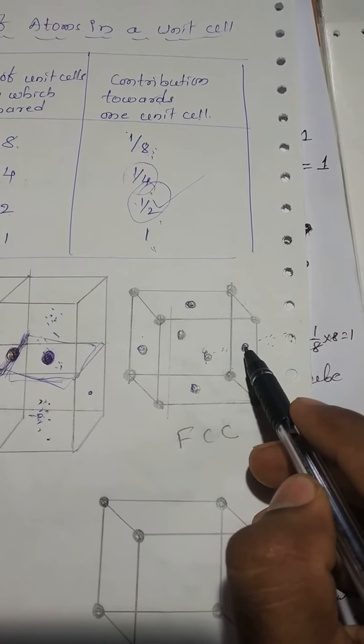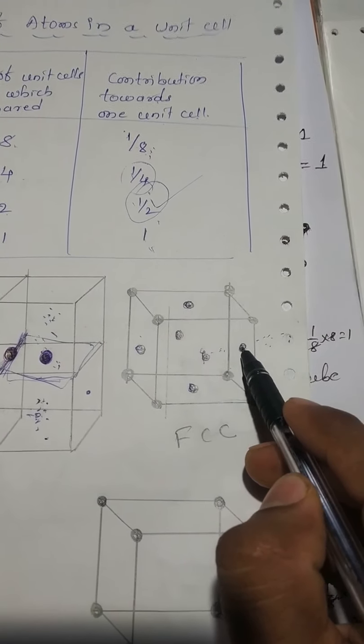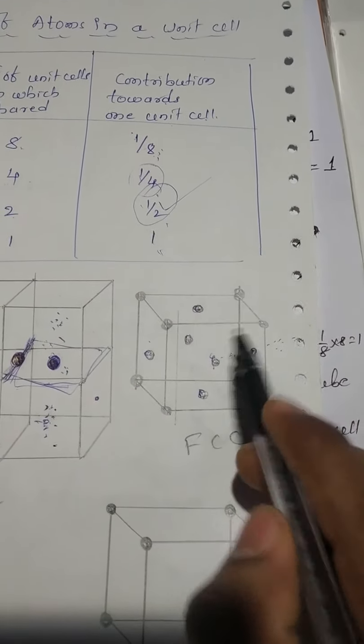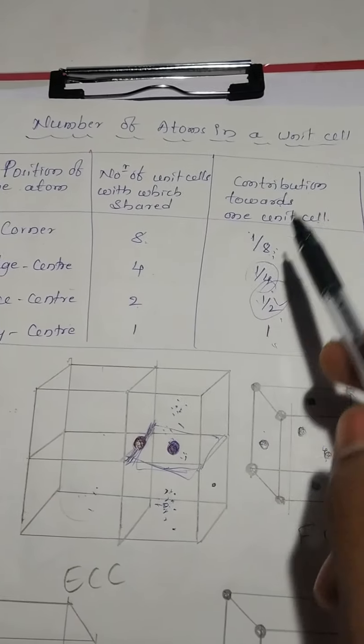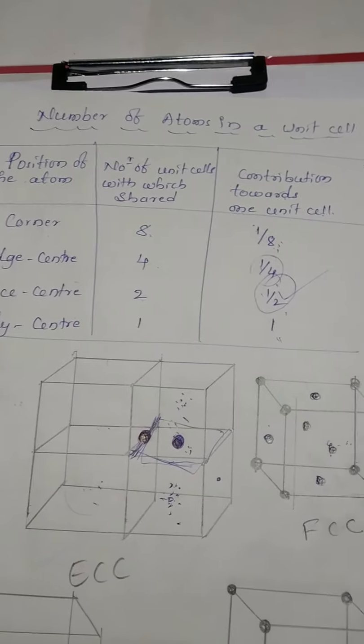Hence the contribution of this face centered particle towards one unit cell is 1 by 2, or half.